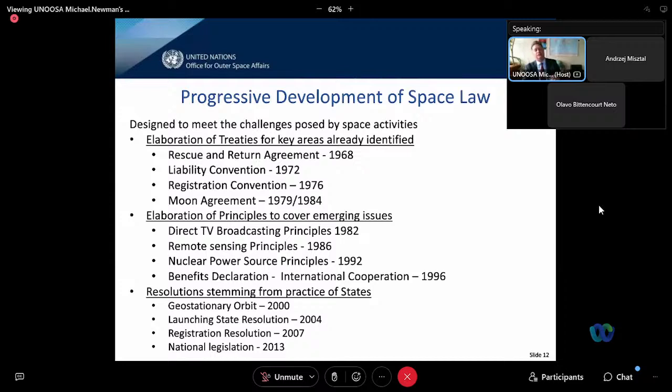Launching state resolution, of course, on elaborating the concept of the launching state for purposes of both registration and liability. The registration resolution as well came through to recognize the various differences in the ways that states were registering satellites and to try to find a way to consolidate that type of information. And of course, national legislation for promoting space activities.